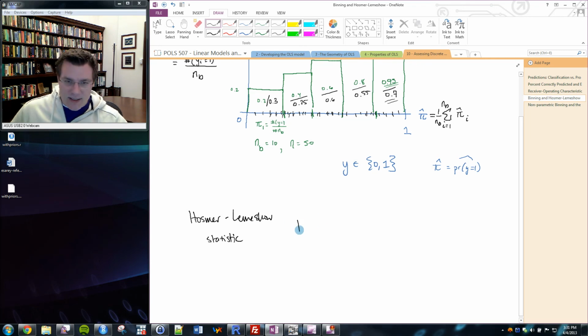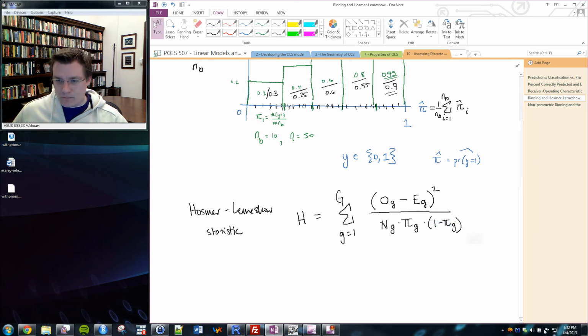So the HL statistic, which I'll abbreviate as H, is equal to the sum over G in 1 to cap G, where G is the number of bins, of the observed Y equals 1 observations in the bin minus the expected number of Y equals 1 observations in the bin, squared, divided by the number of observations in each bin times pi G times 1 minus pi G.